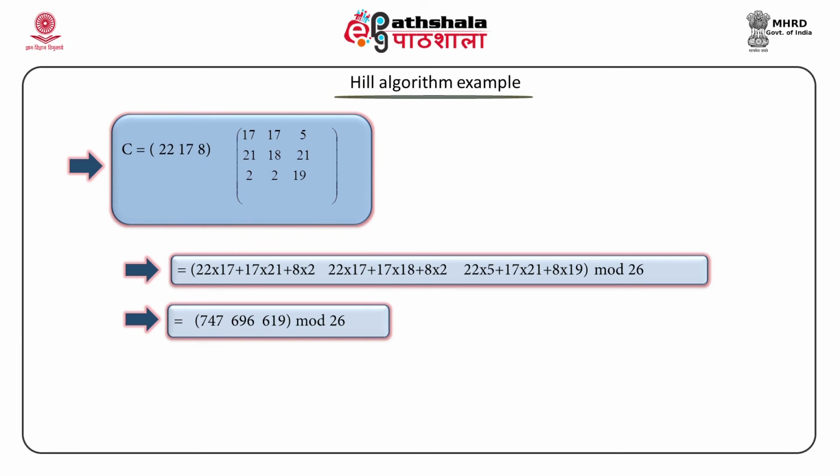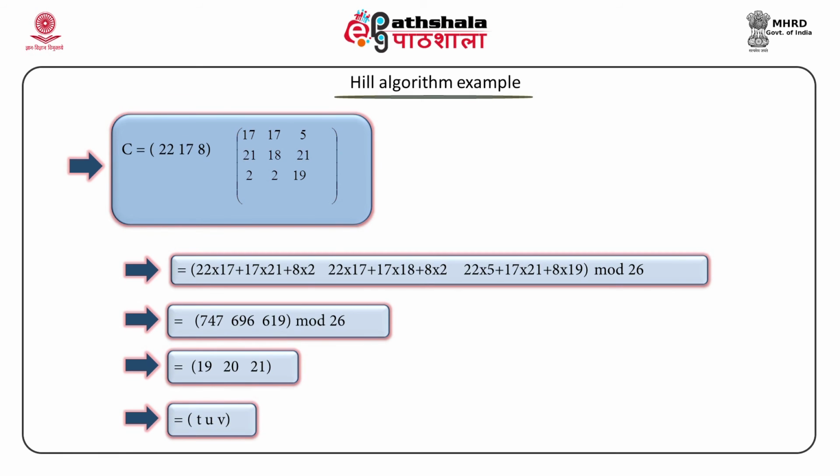Those values are greater than 25, so take modulo 26 and you will land up with 19, 20 and 21. That gives us the characters T, U and V. So, we started with W, R, I and the ciphertext corresponding to that is T, U and V.